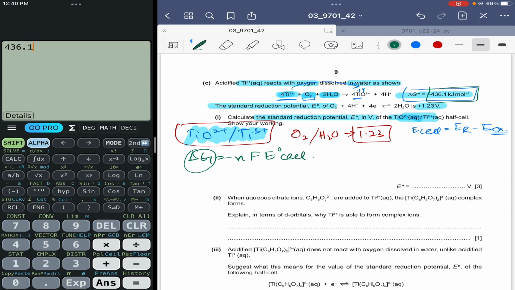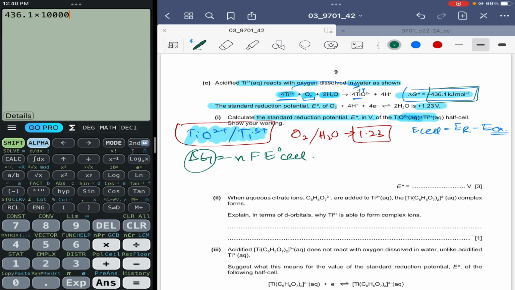So the value of delta G is minus 436.1 multiplied by 1000, that is minus 436,100. This is the value of delta G in joules per mole. n is the number of electrons involved. So how many electrons are involved here? 4 electrons are involved.